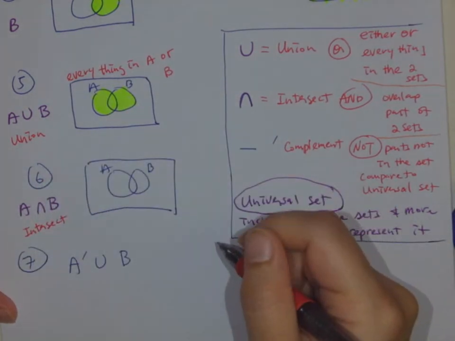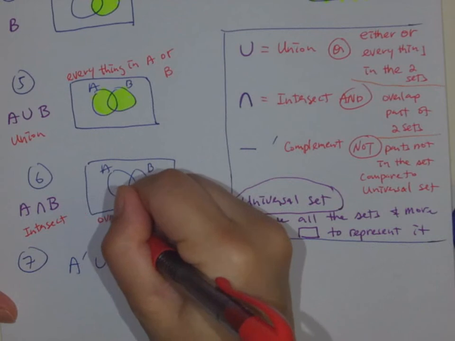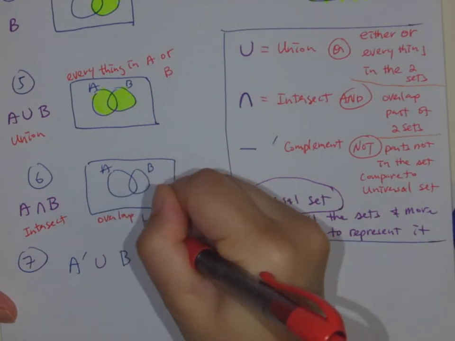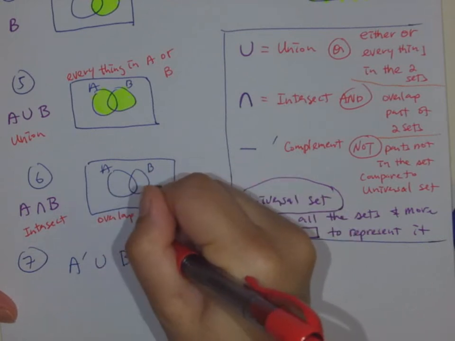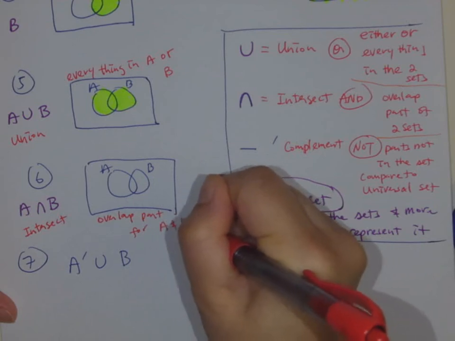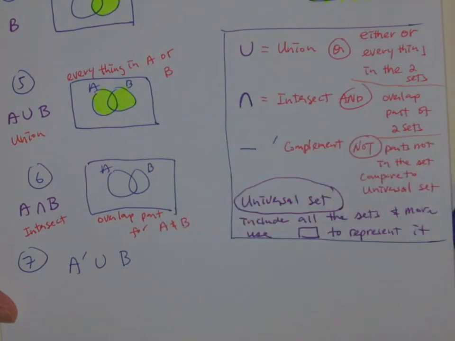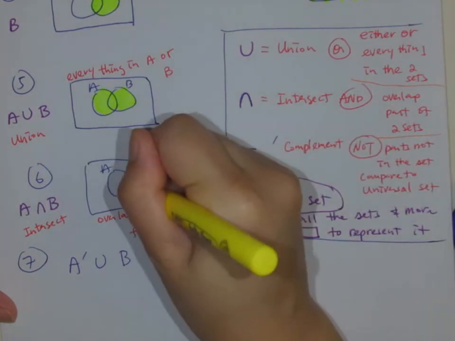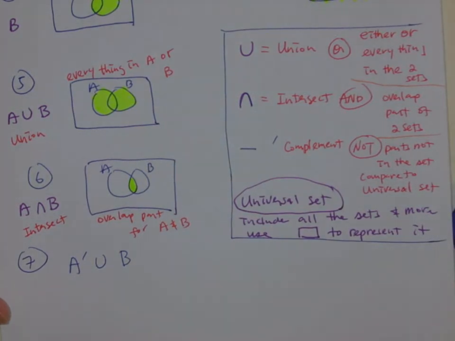It needs to be the overlapping part for A and B. The overlapping part, what they have in common, is here, right? So that would be my answer.